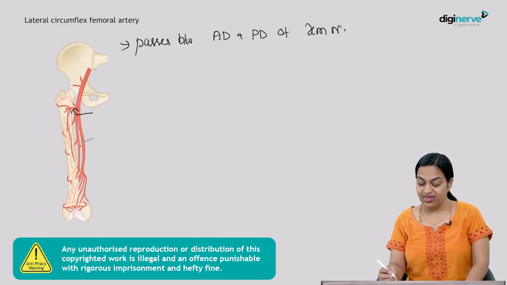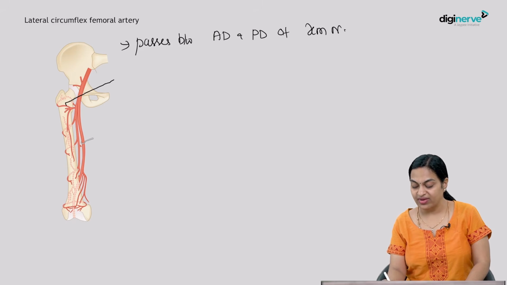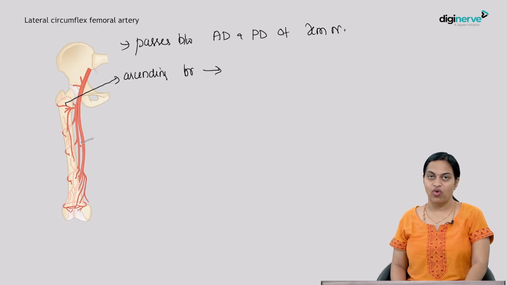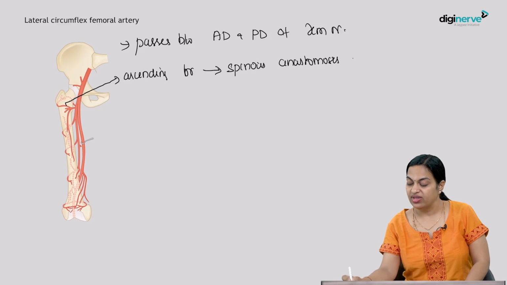Okay. And then branches from this lateral circumflex femoral, this one here, is the ascending branch. This ascending branch of lateral circumflex femoral goes to contribute to the spinous anastomosis around the antero-superior iliac spine.